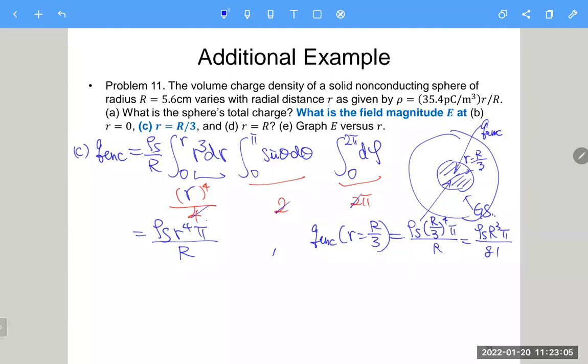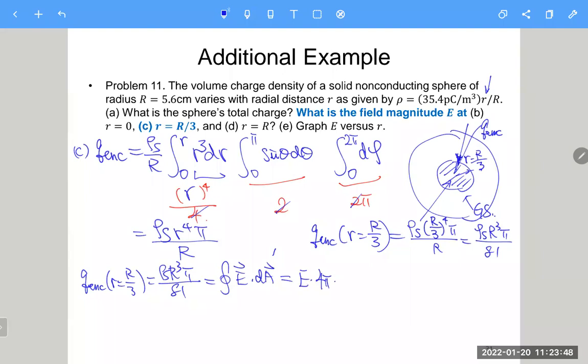And here we can use the Gauss law. Q enclosed for R equals capital R over 3 will be rho s R cubed pi over 81, which should equal this integration E dot dA. Because it is still symmetric for different angles, the E field should still be uniform over this Gaussian surface. So we can write it as E times 4 pi R squared.